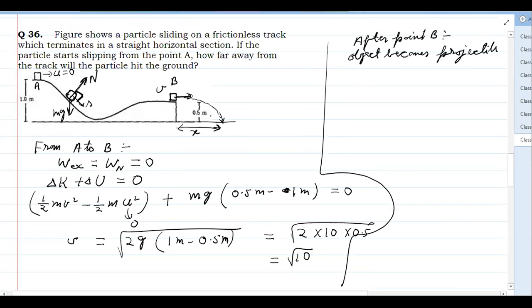So the height, which is 0.5 meter here, will be traveled starting with 0 initial velocity. So h we can write as half g t squared. Here h is 0.5 and half g is 5... so we can write t as under root 1 by 10. So this is the value of time.